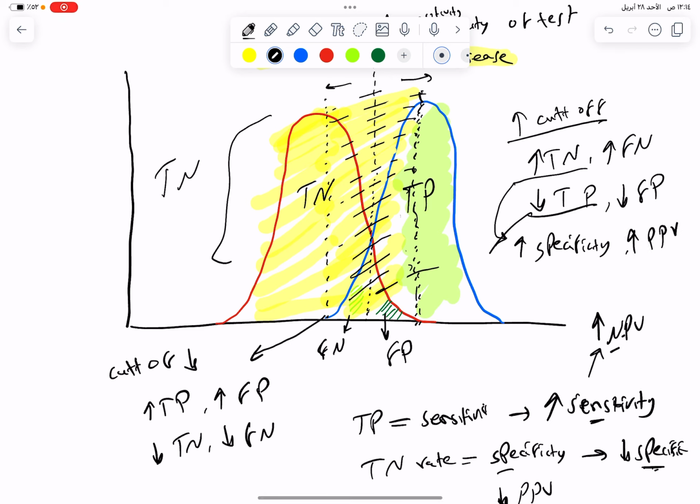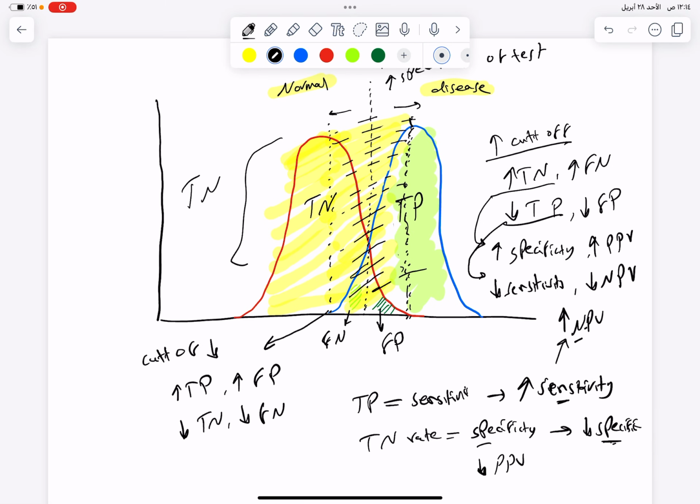Since the true positive is equal to sensitivity, this will lead to decreased sensitivity and decreased negative predictive value. So any question, if you face it on any self-assessment or exam, you will solve it by this method. And thank you.